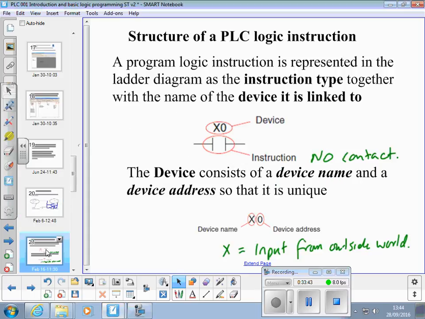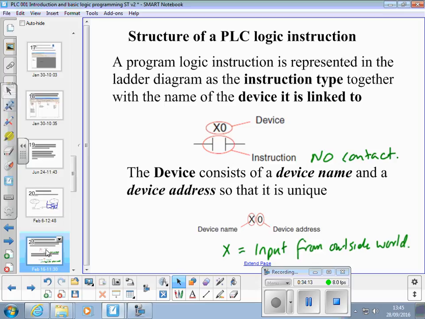So, structure of a PLC logic instruction. First of all, a program instruction is represented in a ladder diagram by the instruction type, which is designated by the letter. We'll go through what each of them mean in a moment, but in this case X is an input, and then a number that says which input it is, in this case input number 0.